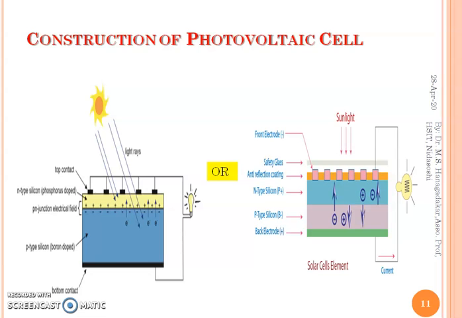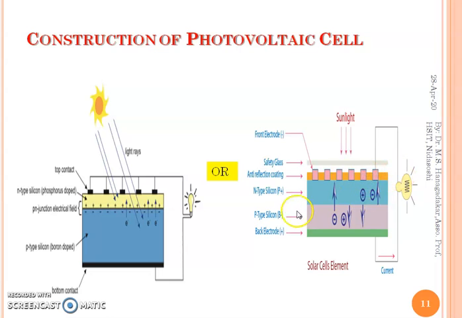This acts as the positive electrode. Both the negative and positive electrodes are connected to the load, where you can get the energy from the solar PV cell device.